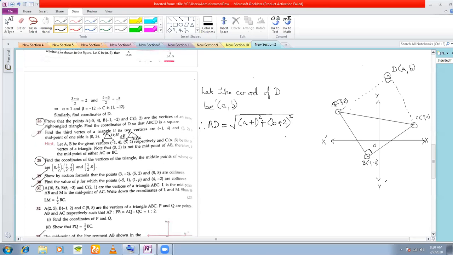Oh, in fact, what you can do here is, instead of using distance formula, you can use the midpoint formula. That is, you can join B and D here. Instead of using distance formula and using that it is a right angle triangle, we shall use midpoint formula.